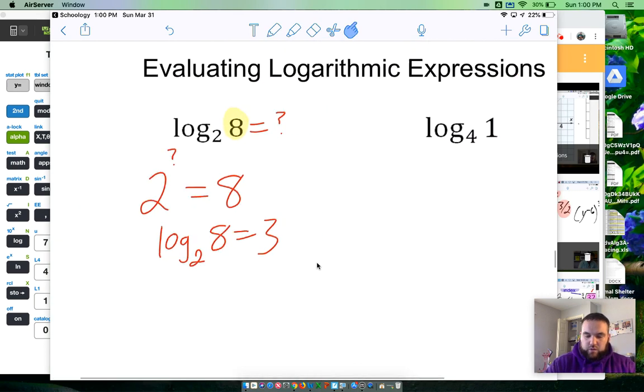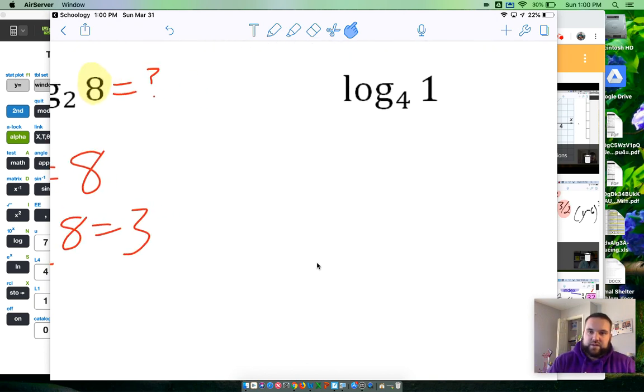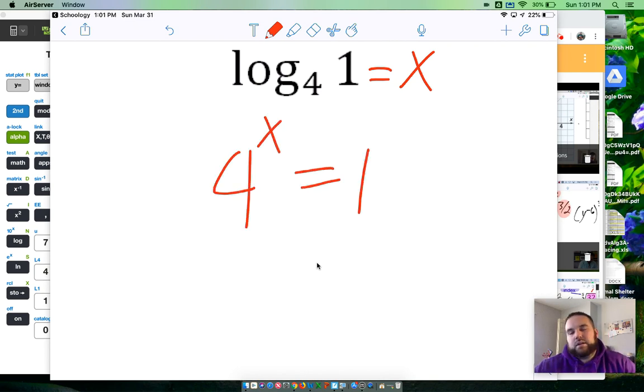So we need to be able to mentally think our way through logarithmic expressions and what their values are. Again, I will show you how to use the calculator, but just want to get used to what this is saying and where these numbers are coming from. So if I have log base 4 of 1 equals x, this is saying 4 to what power gives me 1. It's a little tricky. It's not 1 because 4 to the 1st would be 4. This is actually 0.